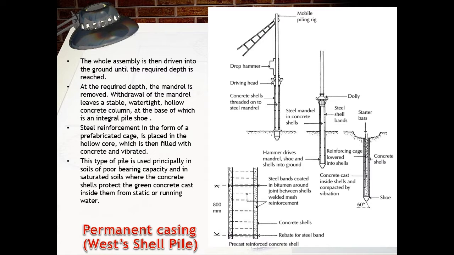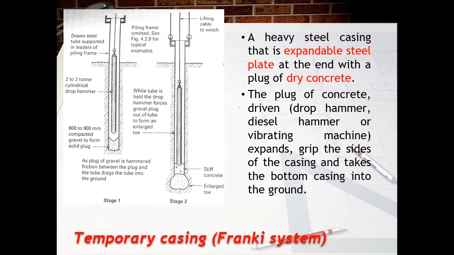Steel reinforcement in the form of a prefabricated cage is placed in the hollow core, which is then filled with concrete and vibrated. This type of pile is used principally in soil of poor bearing capacity and in saturated soil, where the concrete shell protects the green concrete cast inside them from static or running water.